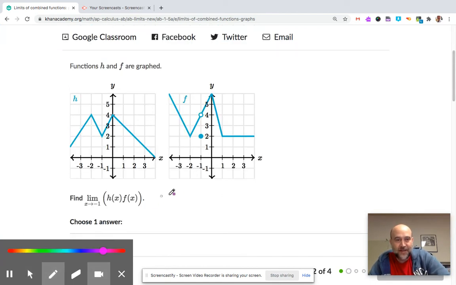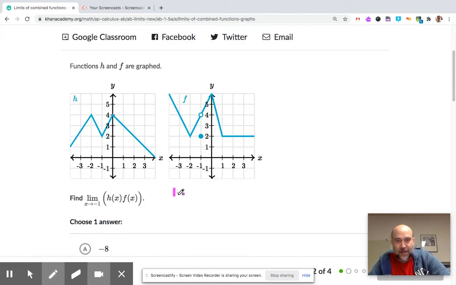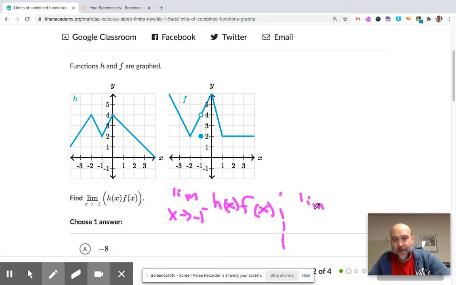Same process. So the limit as x goes to -1 from the left of h of x times f of x. And separately, the limit as x goes to -1 from the right of h of x times f of x.